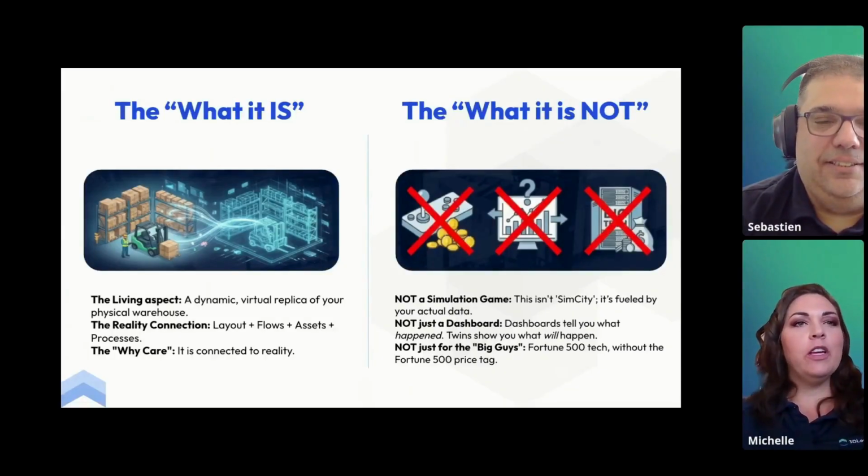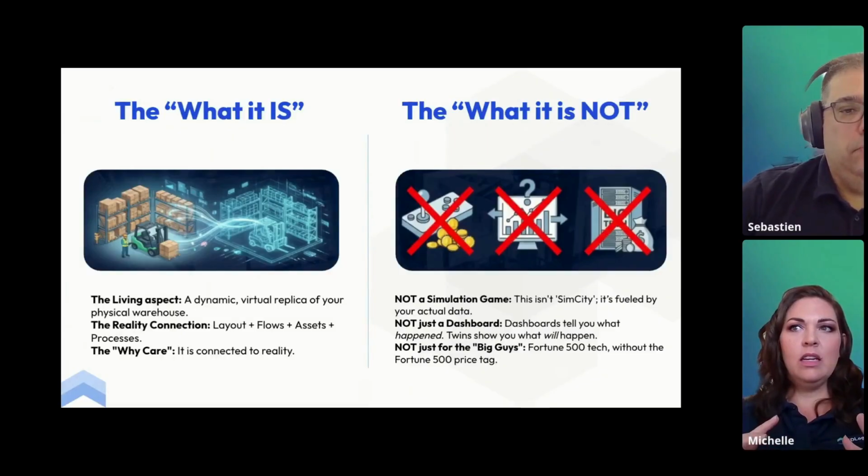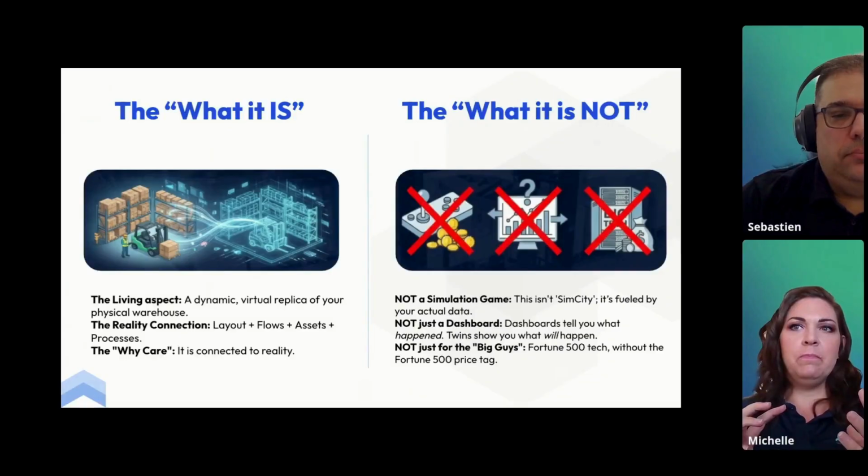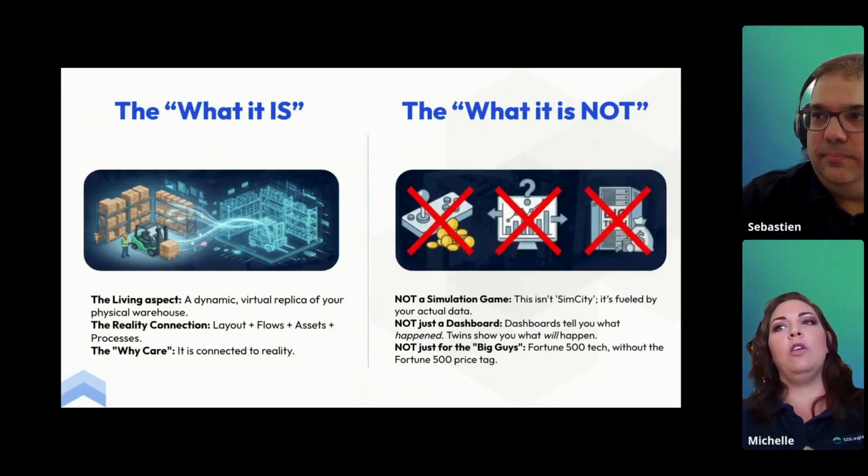So when looking on the left, you can see the whole dynamic virtual replica of your physical warehouse is a live model. It's a living heartbeat of your entire operation.